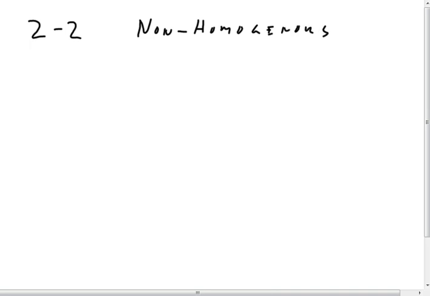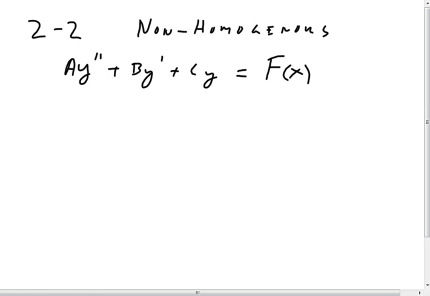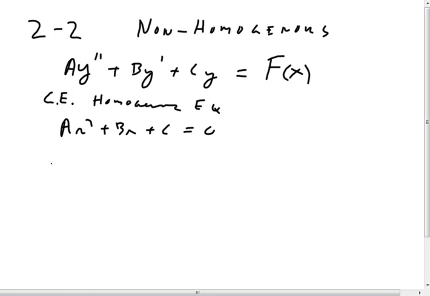So if I have a y double prime plus b y prime plus c y equal to some f of x, some function, whatever it might be, then I'm going to go find the characteristic equation of the homogeneous equation, a r squared plus b r plus c equals 0. Find the roots of that, r1, r2.